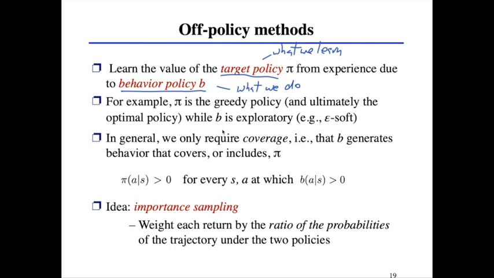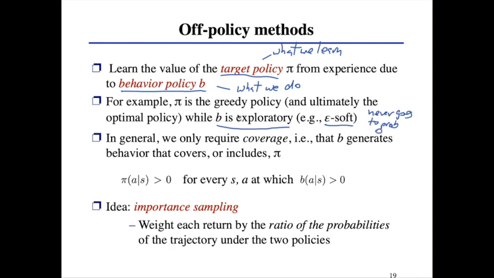There's a good reason to do this, because it helps you explore the world differently. So B could be this exploratory epsilon soft policy that never goes to 0, and it adheres to the constraint that lets you explore the entire state space. That's just one possibility.